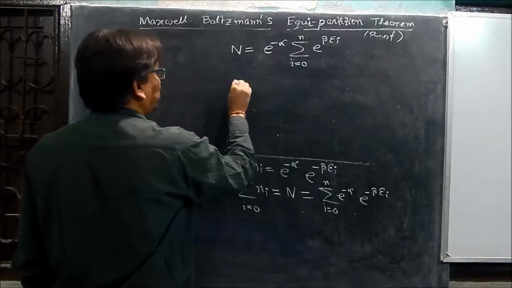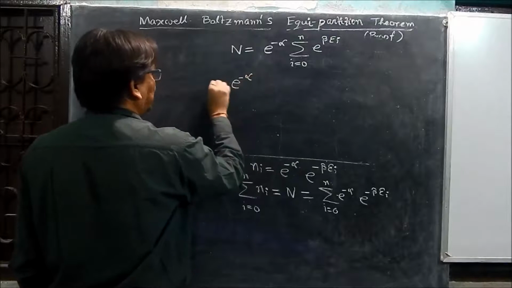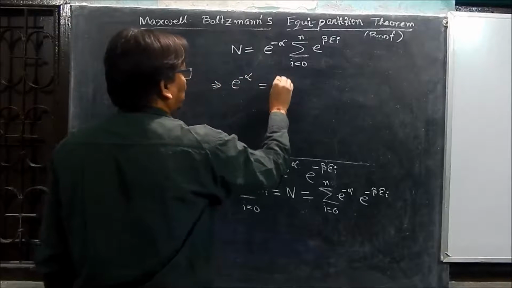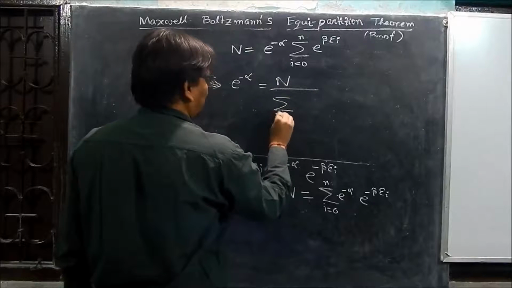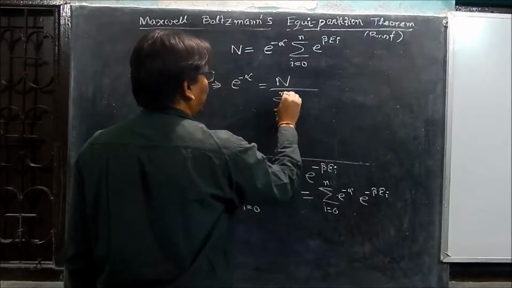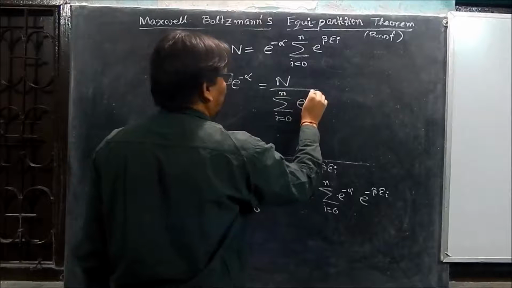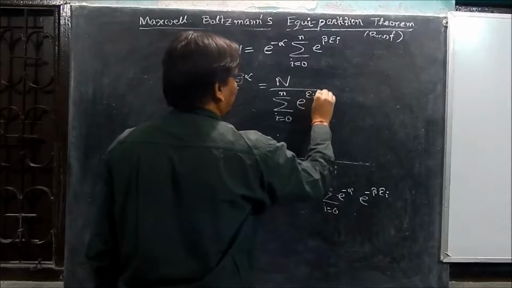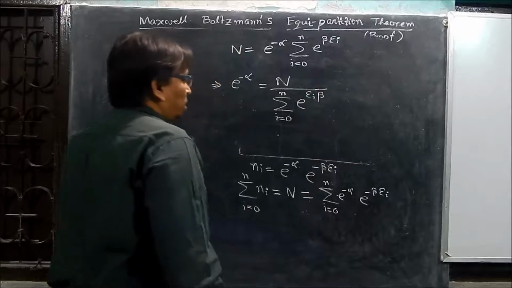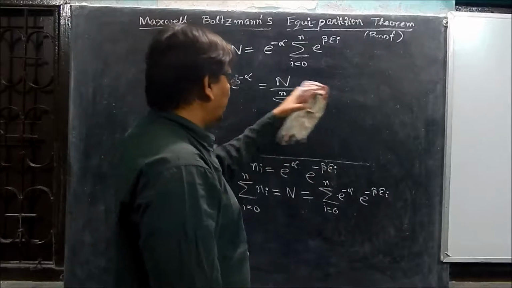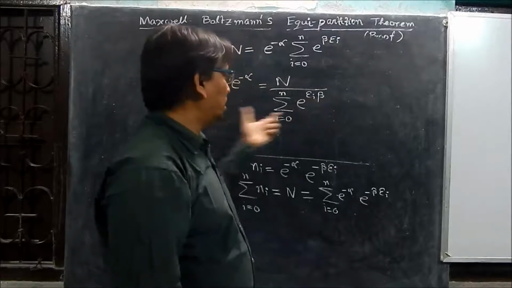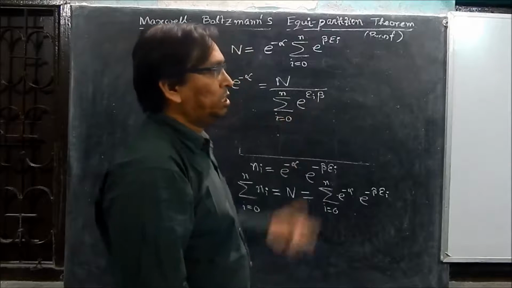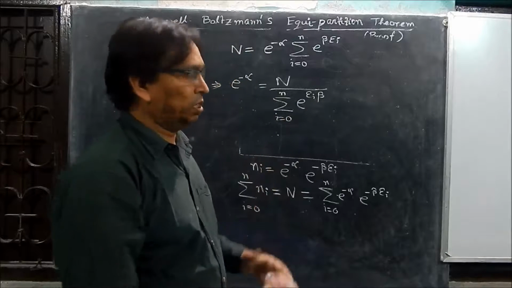So the value of e to the power minus alpha becomes n divided by the summation over i equal to 0 to n of e to the power minus epsilon i beta. He said this quantity, the summation of e to the power minus epsilon i into beta, is generally called the partition function.